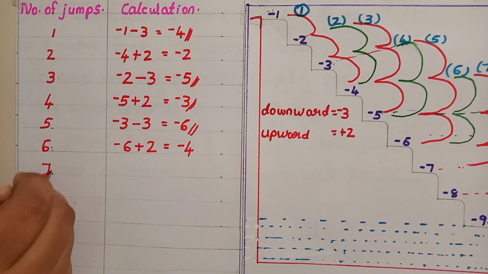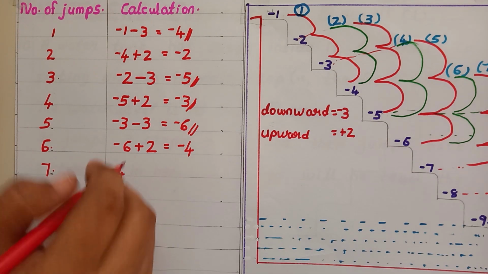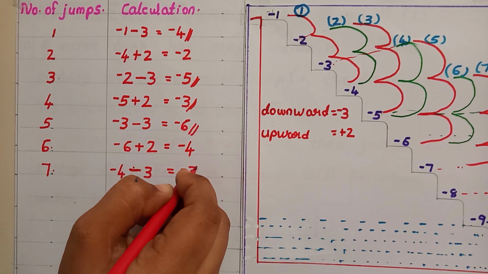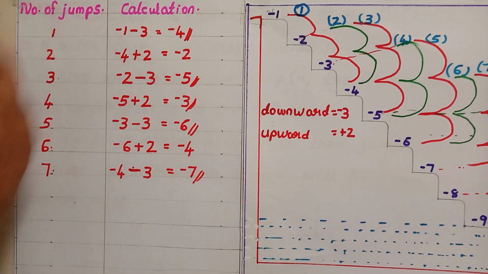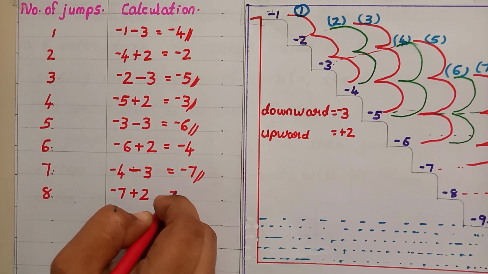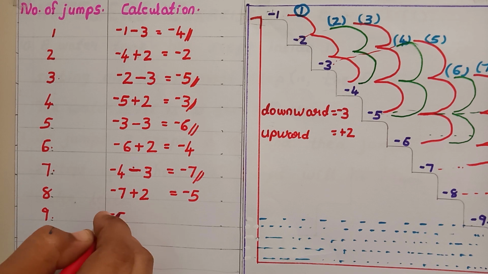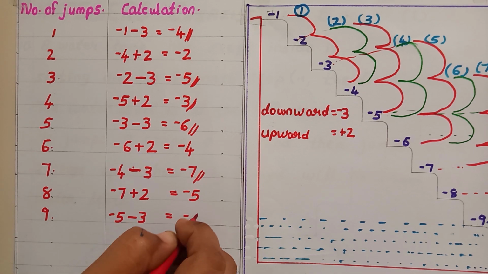Then the seventh jump will be a downward jump from minus 4. Minus 4 minus 3 equals minus 7. After making a downward jump, he has to make an upward jump. So the 8th jump should be upward. From minus 7 plus 2 equals minus 5. The next one should be downward, from minus 5 minus 3 equals minus 8.